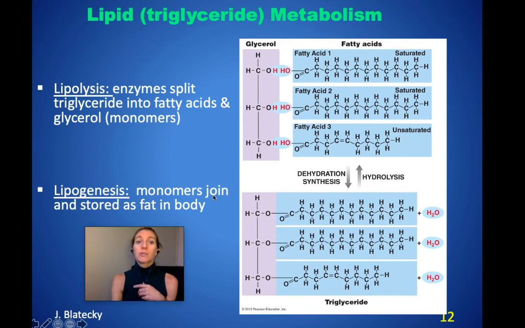Lipogenesis, monomers join, and they are stored as fat in the body. And so if we consume excess fat, excess carbohydrates, and also excess proteins, we will store that in the form of triglycerides.